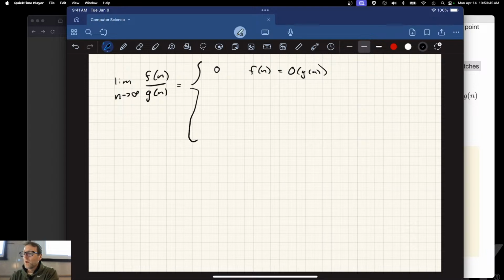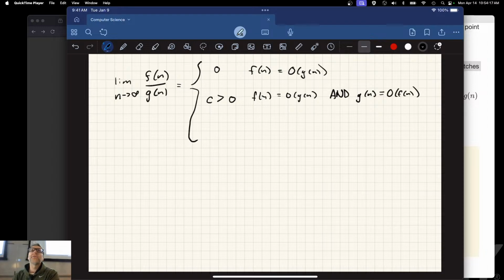Okay? The other thing that could happen is that it could converge to some constant greater than 0. Now, if that happens, that means that the growth rates of these two things are canceling each other out. Right? It's basically like one big 1 right here with some c out front here. Right? They're converging onto the same values. If that happens, then f of n is big O of g of n, and g of n is big O of f of n.